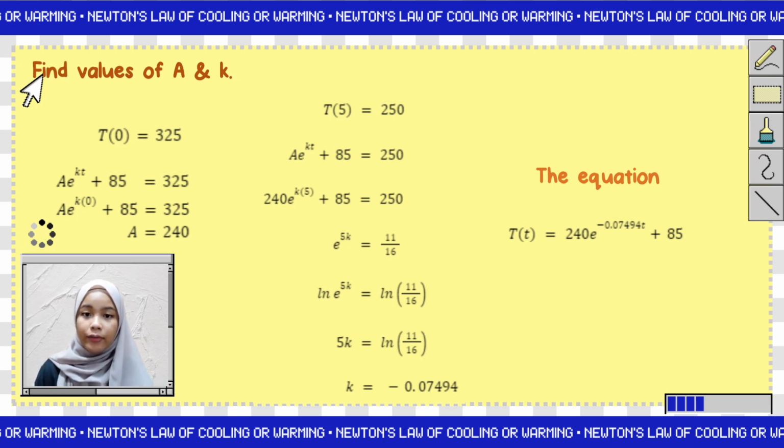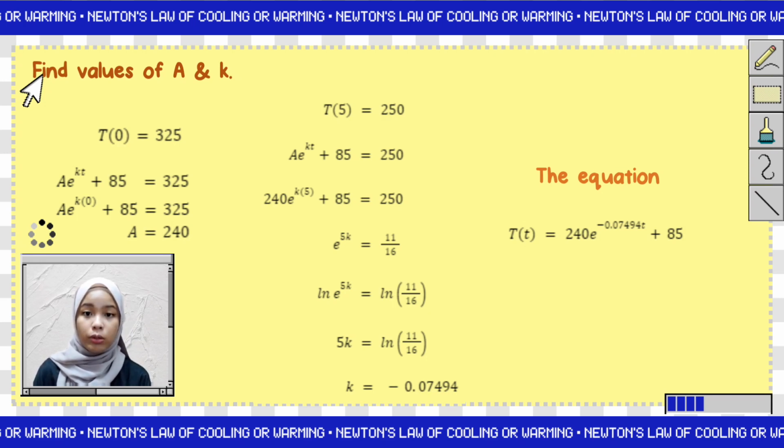So we have Ae^(k·0) + 85 = 325. Solving for A, we get A = 240. Next, we apply the second condition, T(5) = 250. Same as before, we substitute the value of t and the value of A that we got just now.